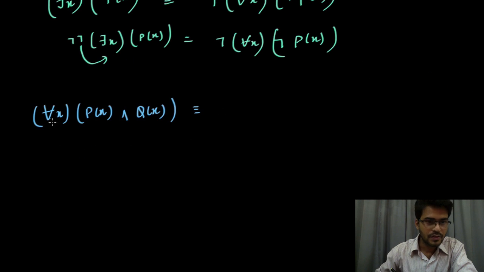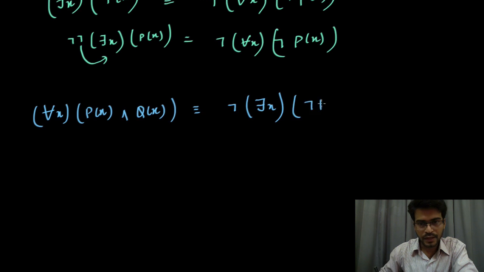Here it's for all x, P(x) and Q(x). We apply the same method here and take two negation signs. Once a negation sign moves inwards, it becomes negation of there exists x, and then negation of P(x) and Q(x). But when we break this again using De Morgan's law, it becomes not of P(x) or not of Q(x).